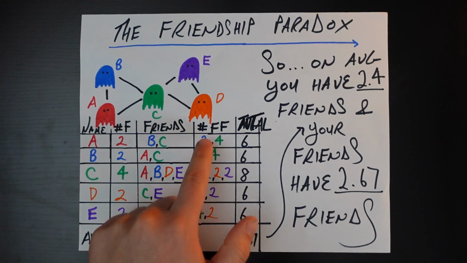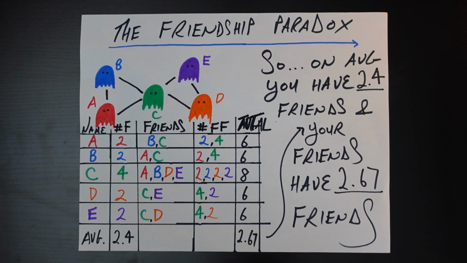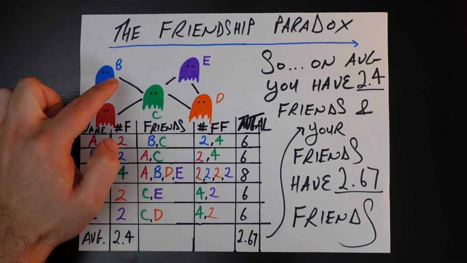Why would the number of entries in this friends of friends column be double the number of friendships in the graph? Well, let's think about the number of times each edge gets counted.